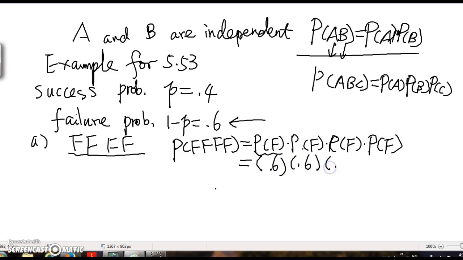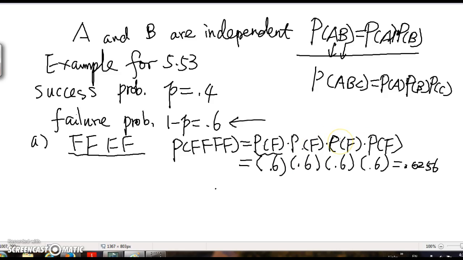And the third time, the probability of failure is still 0.6, and the last time the probability of failure is also 0.6. So we multiply all these and you get an answer. Actually, the answer should be, if you use a calculator, 0.025, I believe.